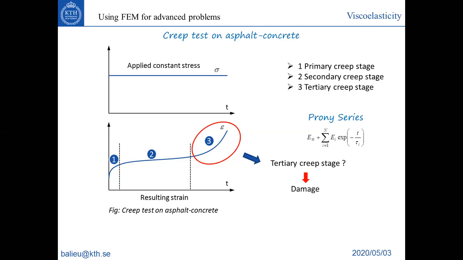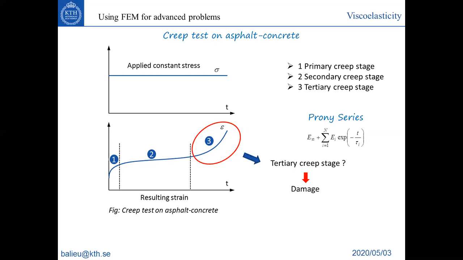Just a parenthesis here: I also want you to be aware of which kind of material model you are using and for which purpose. If you use a viscoelastic model to model the time dependency of a viscoelastic material, this is totally fine.